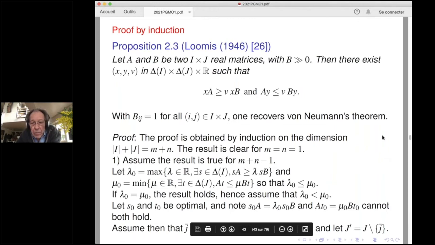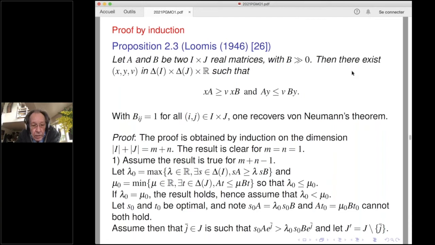So basically you have an optimal strategy of player 1. It means that you get always lambda 0, but if player 2 is using J bar, you get more. You cannot have equality everywhere, so if you don't have equality, you have a strict inequality somewhere. Okay.